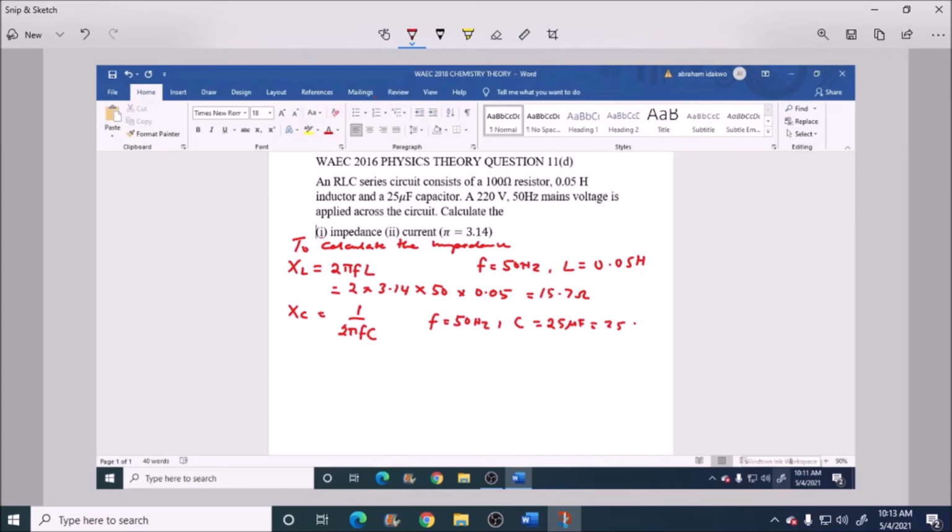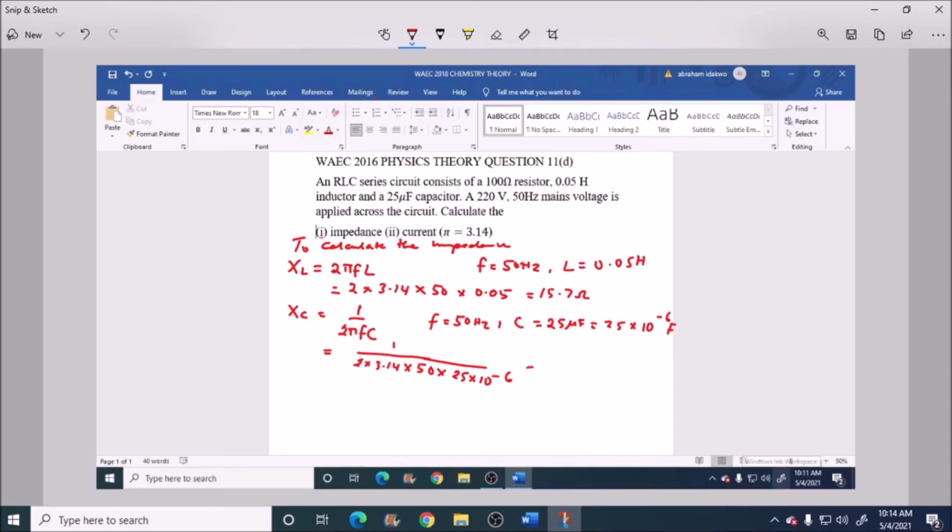Okay, so substituting, we have 1 over 2 times 3.14 times 50 times the capacitor, which is 25 times 10 raised to power minus 6. So if you do that, we will get 127.4 ohms.